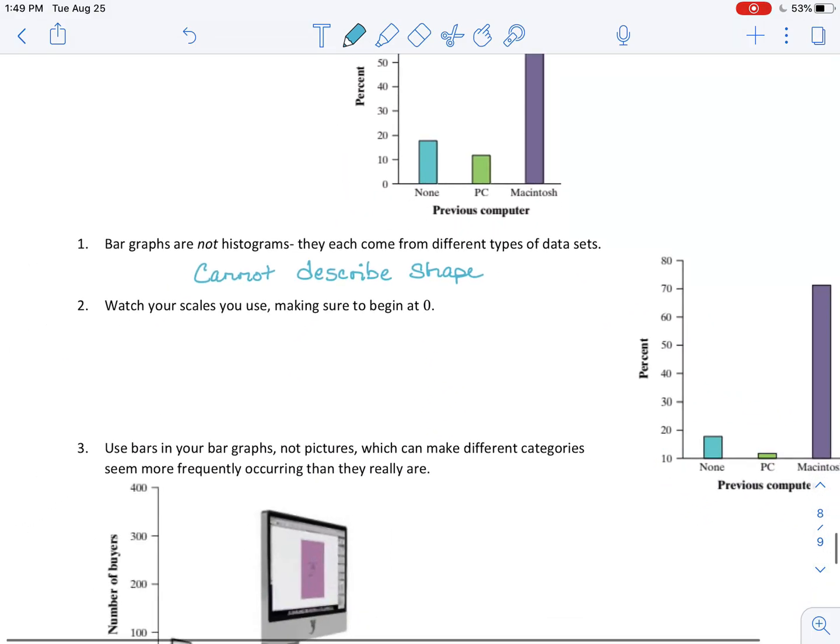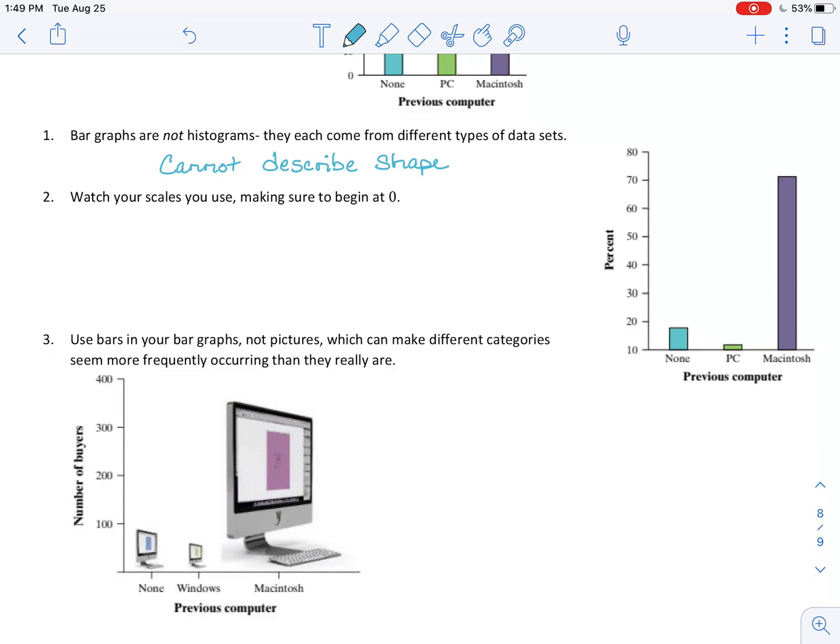So it's misleading if you don't start at 0. So when they did this, it made the PC category appear much smaller than it's actually supposed to be representing, which is misleading. Much smaller if the vertical axis does not begin at 0.